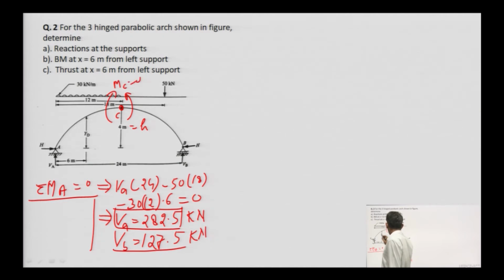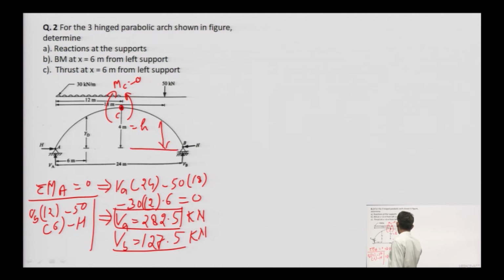Considering the right part, we have V B into L by 2, which is 12, minus 50 into the perpendicular distance, which is 6, minus H into Y.